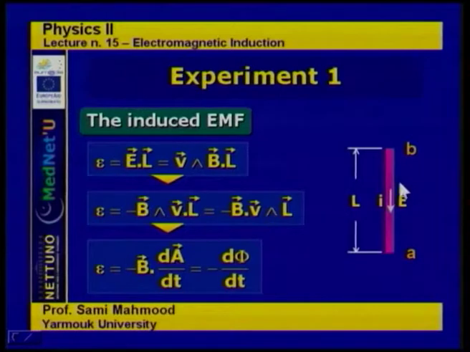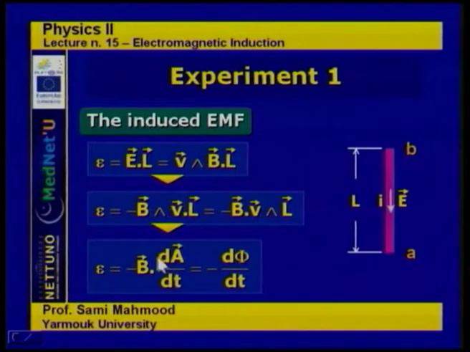This is a general formula, of course, but in the example that we are encountering, V is perpendicular to L, so the angle between them gives V times L times sine 90, which is simply 1, V times L. So V times L is simply dx times L by dt. Dx times L is the area, dA, by dt. So we have epsilon, the electromotive force that is produced in the wire as the wire moves, equal to simply minus B times dA by dt.